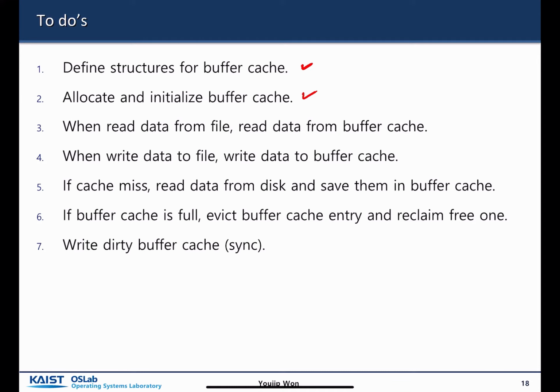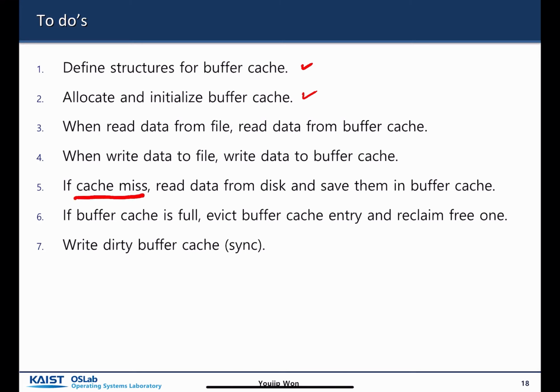And then, of course, you have to change the read-write routine so that if cache miss occurs, if you want to read the data blocks from the buffer cache, but if that block does not exist in the buffer cache, then you have to read it from the disk. Okay, so you have to implement a routine to handle cache miss.